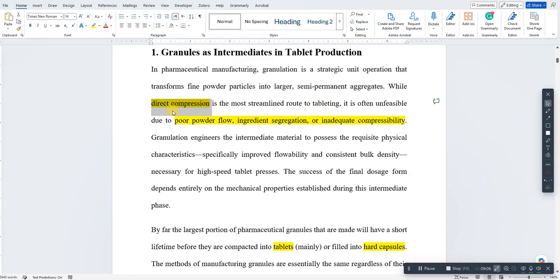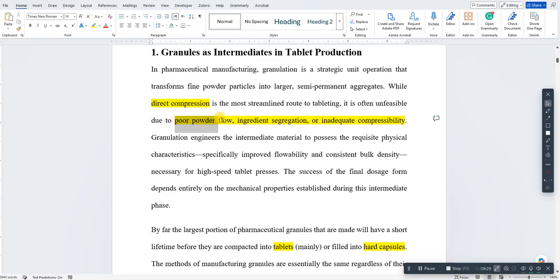Now, direct compression is the easiest, most straightforward, and includes the least number of steps, and of course you will learn about tableting before, after maybe two topics. But the problem is not all powder mixtures are directly compressible.